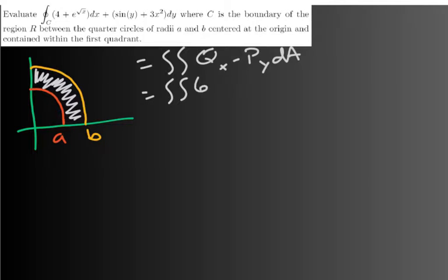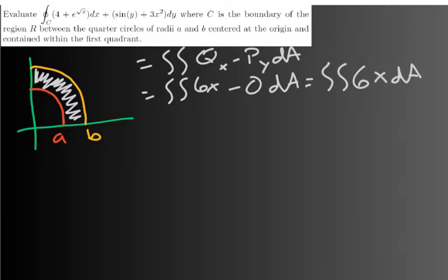And then p with respect to y is nothing, there's nothing in regard to y, everything's constant. So you have minus 0, dA. So literally, you've taken a line integral and made it into a really simple double integral.